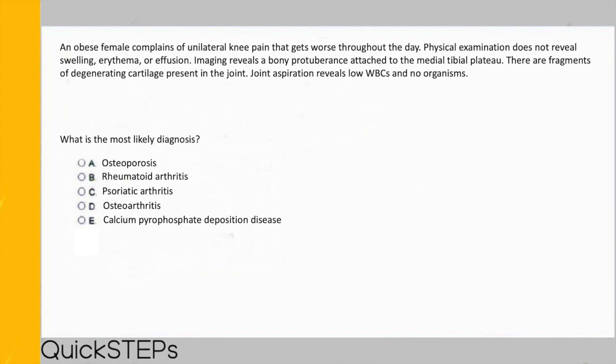How about osteoarthritis? Yeah, osteoarthritis is a pretty good answer choice for this one because it's an obese female, which is a risk factor, right? The heavier you are, the more stress is placed on the joint, so you're going to have more bone on bone. Also, with a bony protuberance, you see osteophytes with osteoarthritis typically. Degenerating cartilage present in the joint is usually a hallmark for osteoarthritis as well.